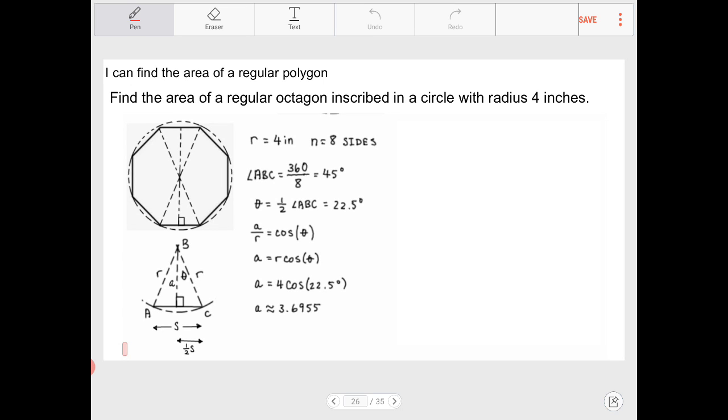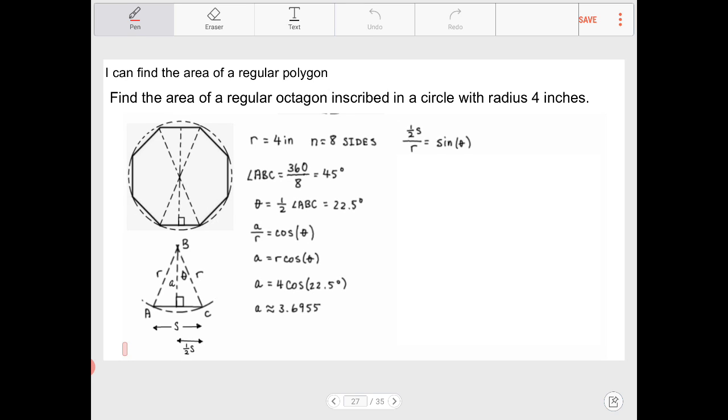Thereby, a is approximately equal to 3.6955. If a is approximately 3.6955, then I can find the base, again using either the Pythagorean theorem or trigonometry. I need to know the length of that base.